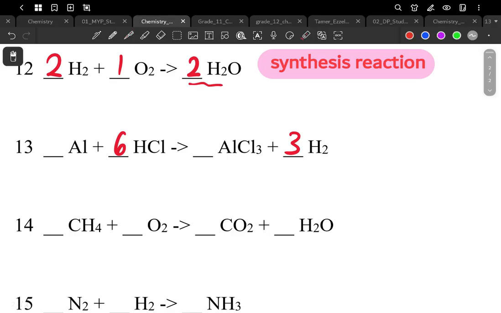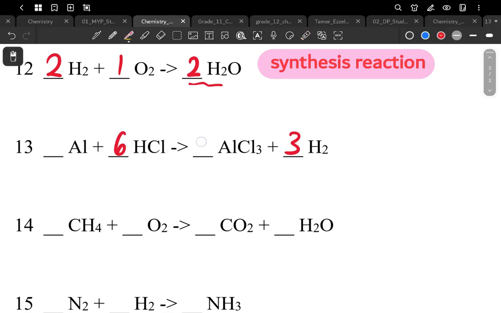Why did I do this? Because I wanted to balance the hydrogen atoms. Okay, 6 hydrogen atoms, 6 hydrogen atoms. But now the number of chlorine atoms is raised to 6. 6 multiplied by 1 is 6, and here is 3.